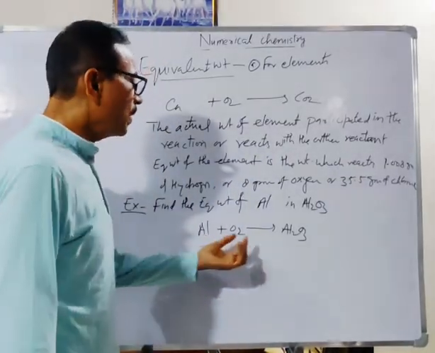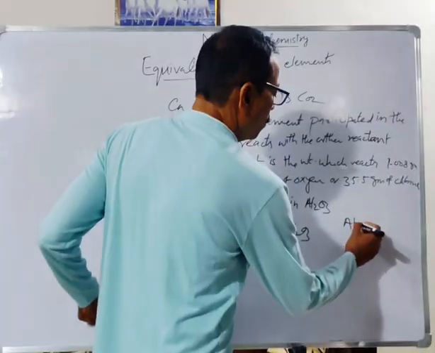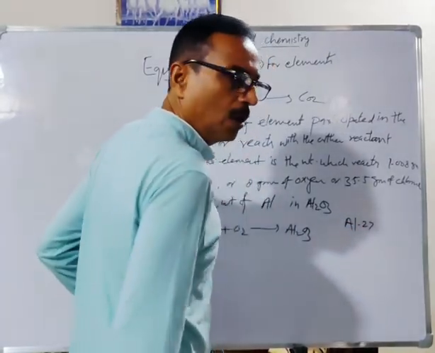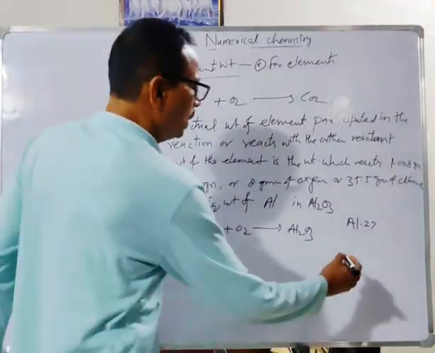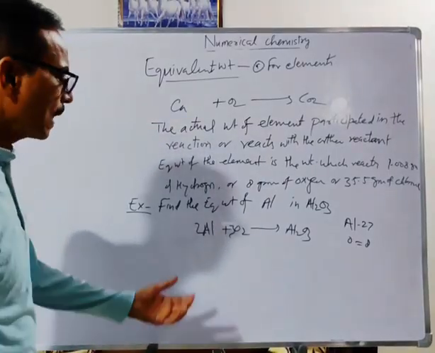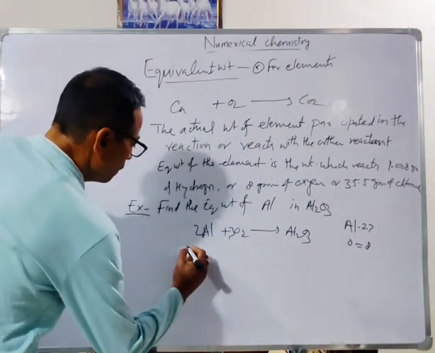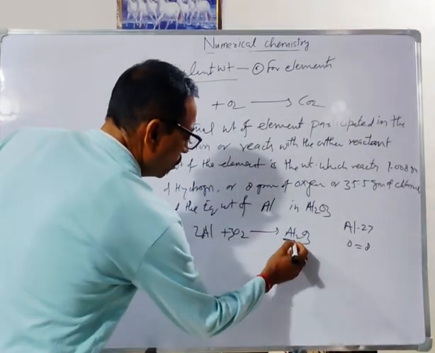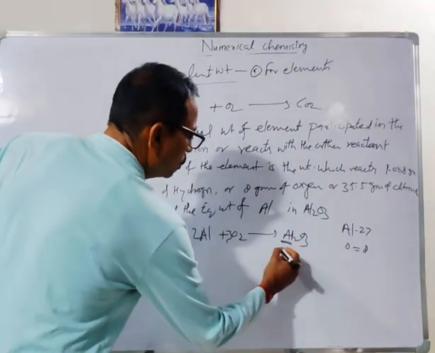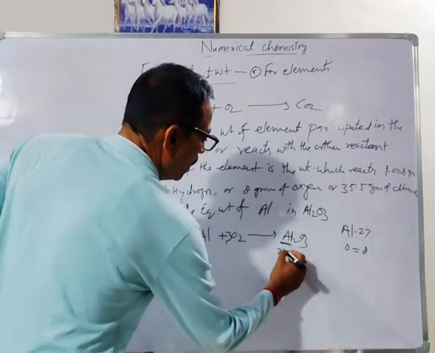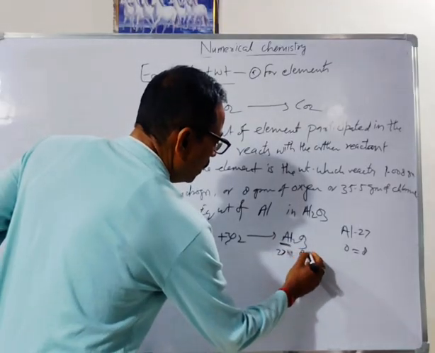Aluminum is 27, and in Al2O3 you see two aluminum atoms and 3 oxygen atoms. It means 27 into 2, and this is 8 into 3.